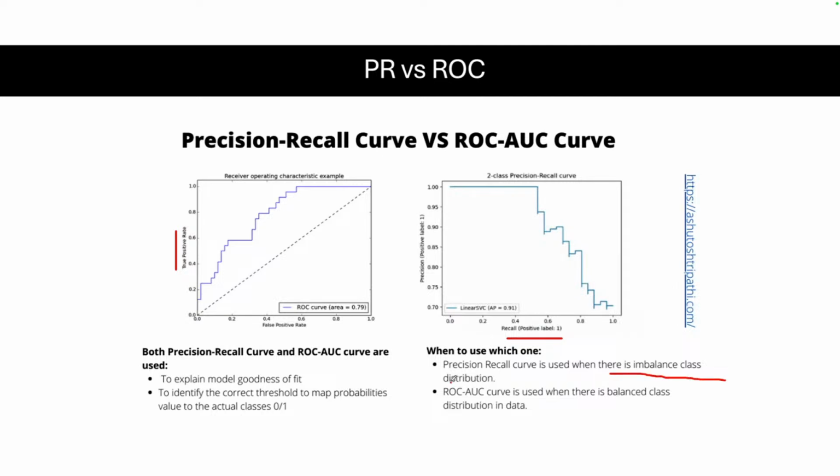If you have a lot of class imbalance in your data, the precision recall curve is going to represent that trade-off a little better than the ROC curve. The ROC curve is typically used when there's better class balance. But really, there's no particular downside to mapping out both and applying both.